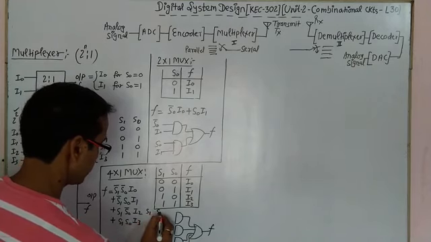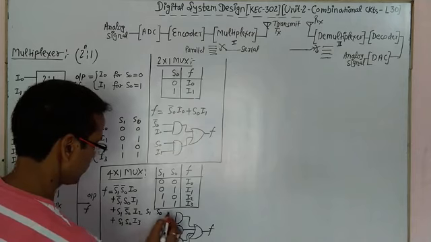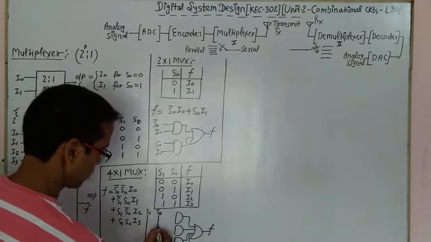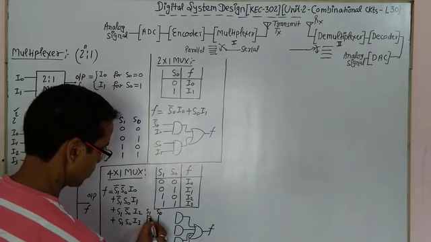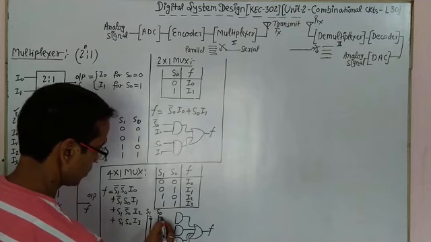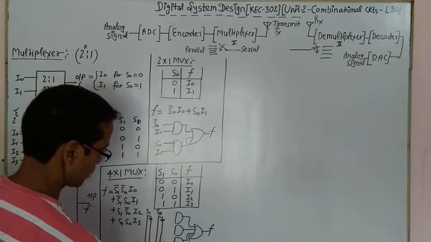Here we have S1, S0. This is S1 bar, this is S0 bar.